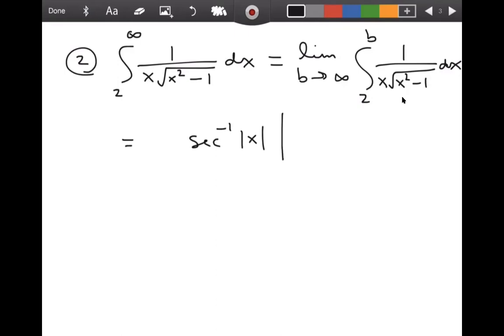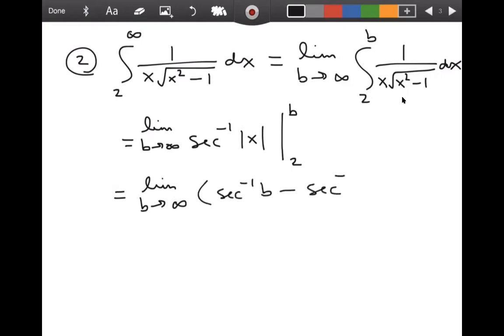But then in the very next step, I'm going to drop the absolute value because this whole interval is positive numbers. We're only talking about values of x greater than 2 here. So we can just say the limit as b approaches infinity, inverse secant b minus inverse secant 2.